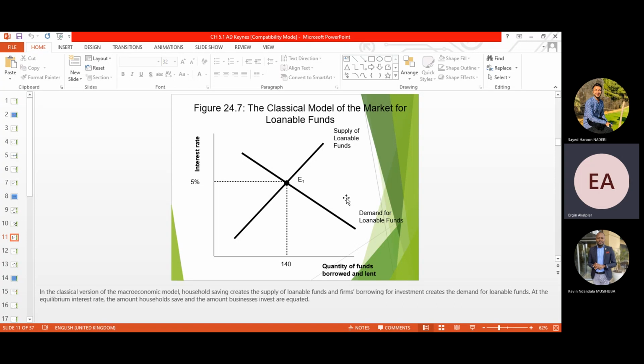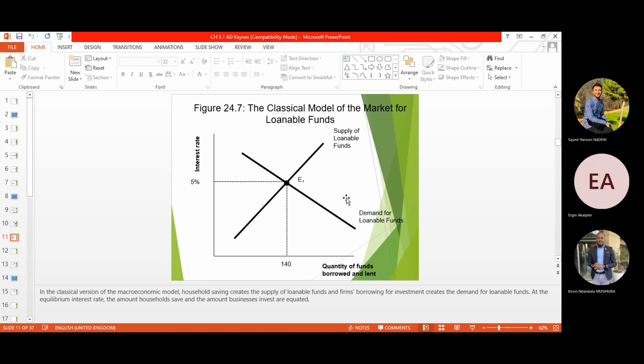And all this capital and these loanable funds collected from the savers will be directed to the borrowers, to the entrepreneurs, to the producers, for being able to invest and produce reasonable goods and services.